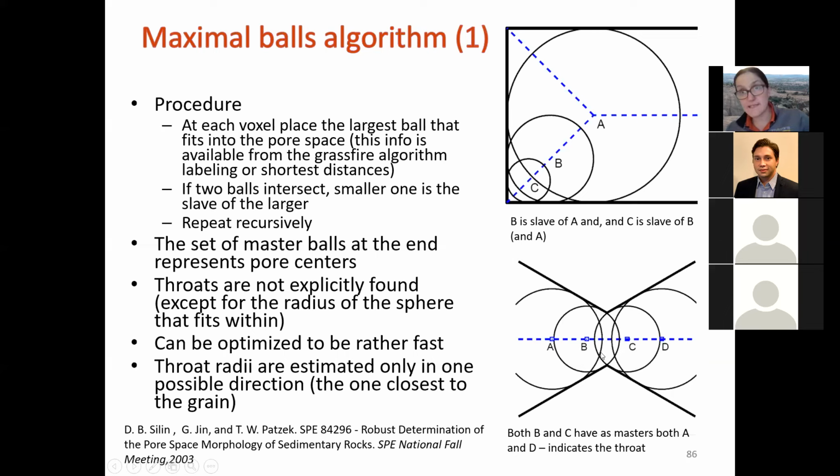There is a subordinate that is possibly a subordinate of both of these, even though A and D don't intersect themselves. That subordinate, or two of them, are essentially my throat. I don't find throats very precisely, but I can figure out where they are, and I can fit them in, and I can know certainly their inscribed radius. So this can be optimized.